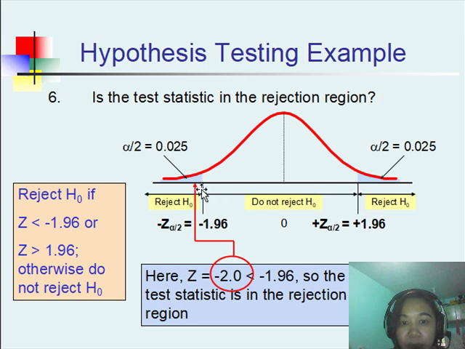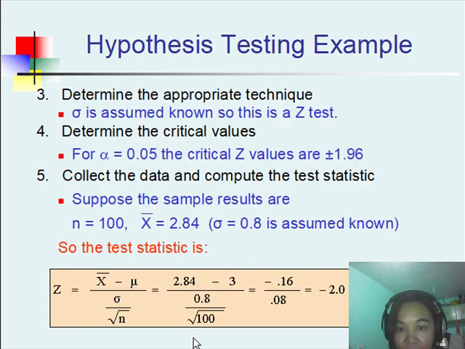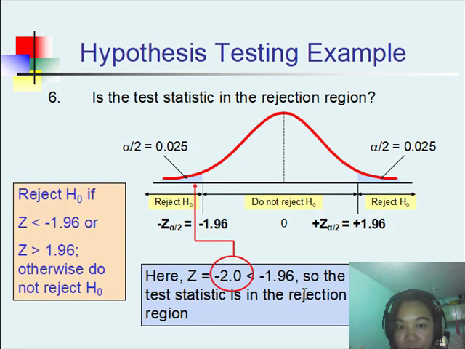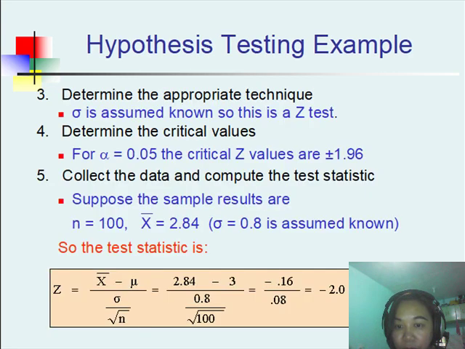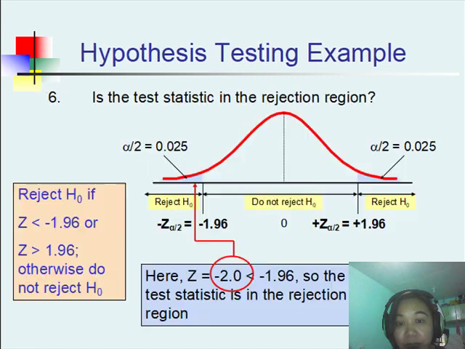So we have determined the critical values, which are negative 1.96 and positive 1.96. The calculated z here is negative 2.0, or you may also use positive. Although here the value of your z is negative 2, you could also use the positive value by getting the absolute value of z.